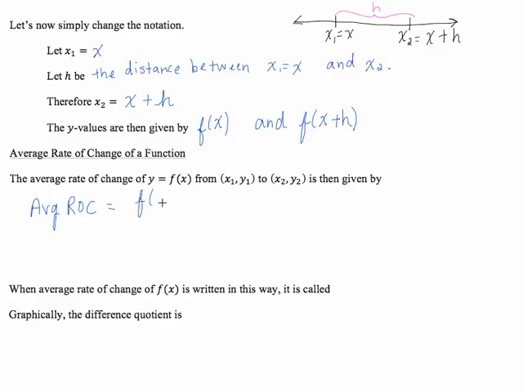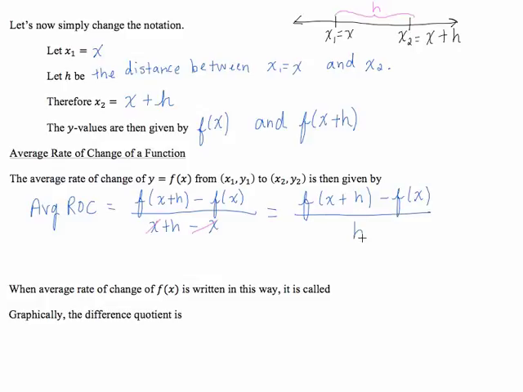So it would be f of x plus h, that's the f of x2, minus f of x, f of x1, over x2 minus x1, which is now x plus h, that's the x2, minus x1, which is x. And we can simplify that, and we'll just have h left in the denominator. So the average rate of change in this h notation can be computed as f of x plus h minus f of x all over h.